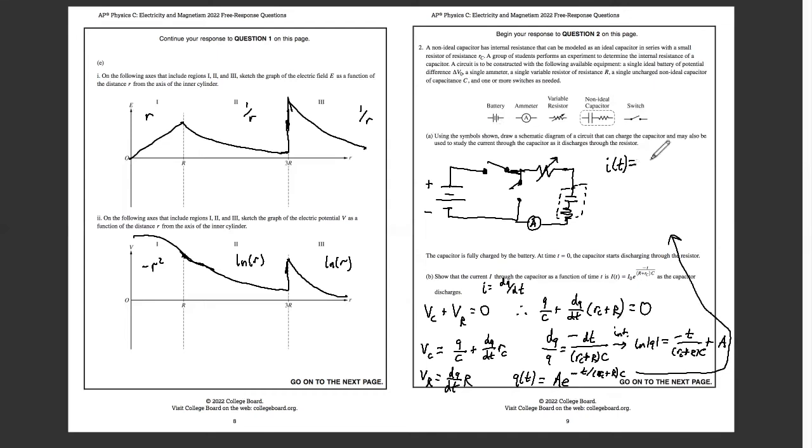All right, I of t is going to be equal to I naught, which is the initial current through the capacitor, that would be what that capital A ends up being, times e to the negative t over (r_C plus R) times C, where I naught is equal to negative A over (r_C plus R) times C, from the derivative.